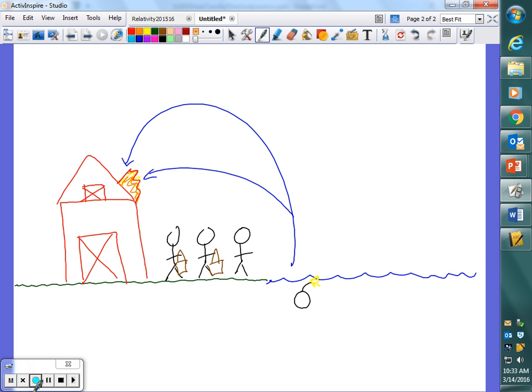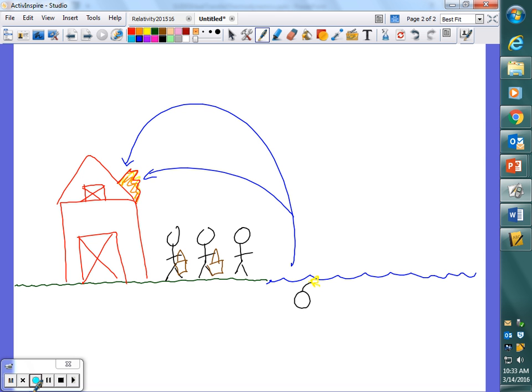Okay, so they get the water in the bucket, right? But then the people who are playing the role of the matter in this case actually have to move. Somebody fills up a bucket and then walks over to the barn, or runs over to the barn, and throws the bucket onto the fire.